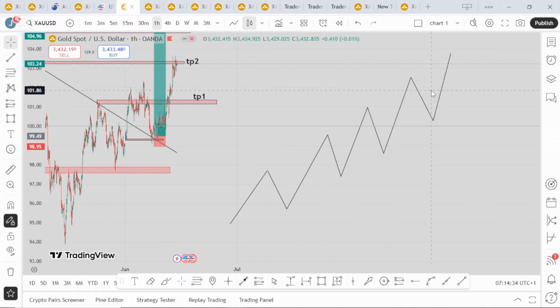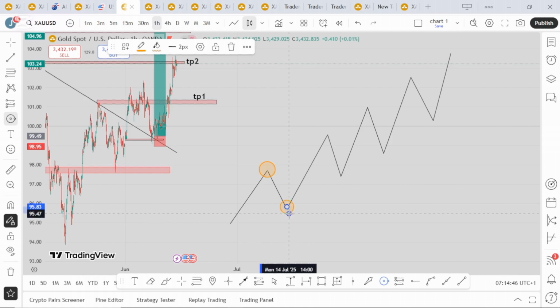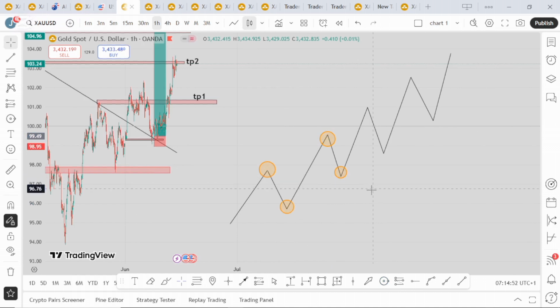The basic thing you have to see in a bullish market structure is this higher high, and this higher low. You have to keep seeing higher high, higher low, in the sense that this high has to be higher than the previous high, and this low has to be higher than the previous low.